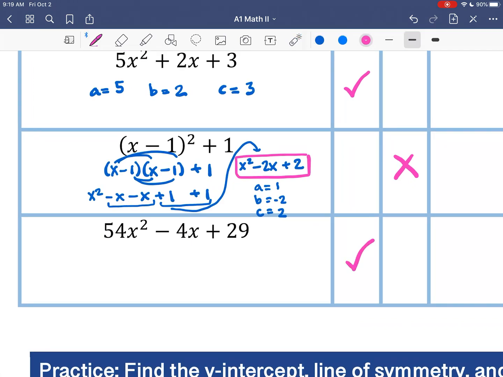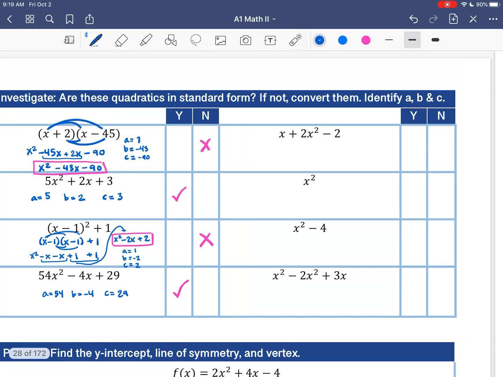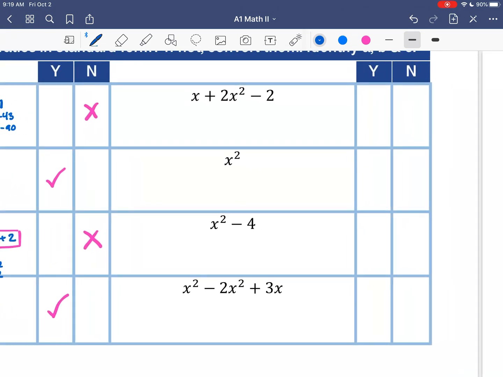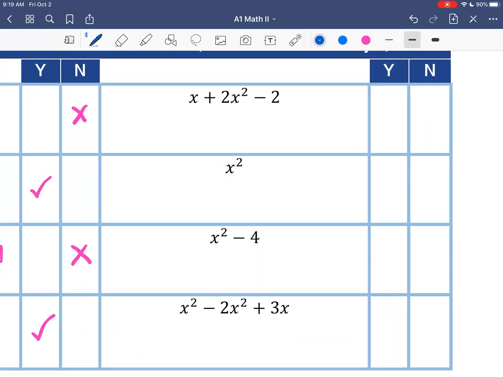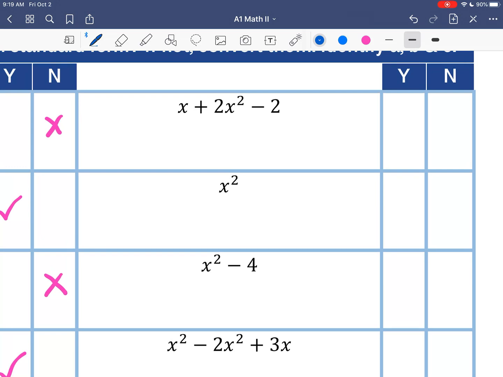This next one is in standard form, and A is 54, B is negative 4, and C is 29. This one looks like it has an x squared term, an x term, and a constant, but they're not in the right order.